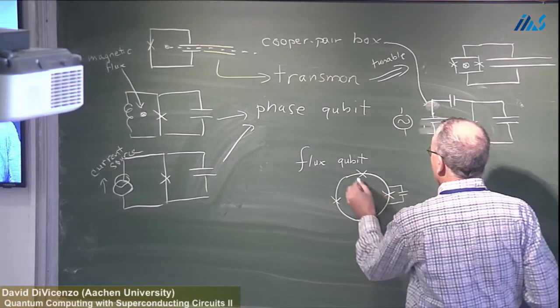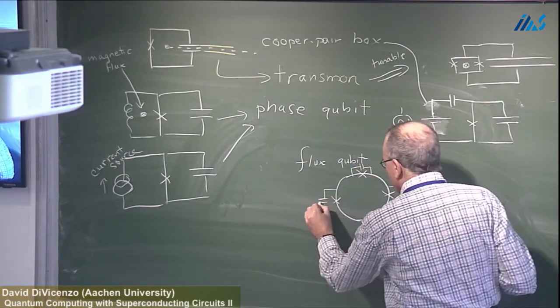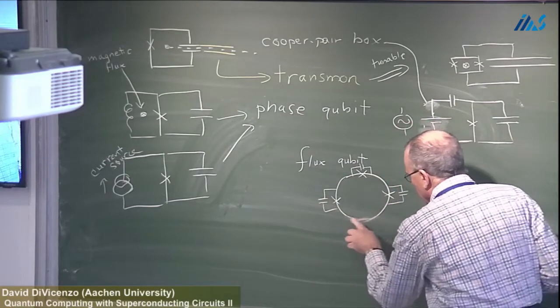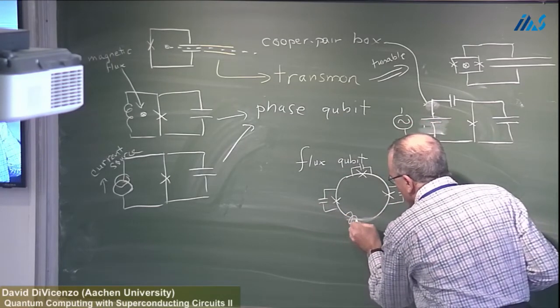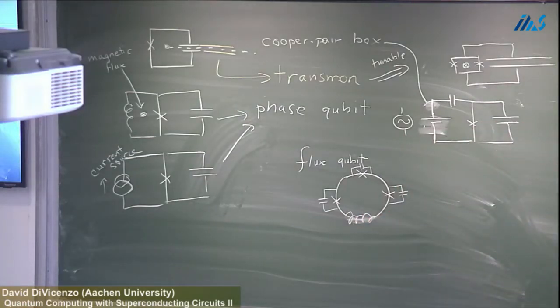Each involves a capacitor. And it's useful, at least formally, to take account of the inductance of this structure. Okay, so I just state that one. That's been a very important qubit.